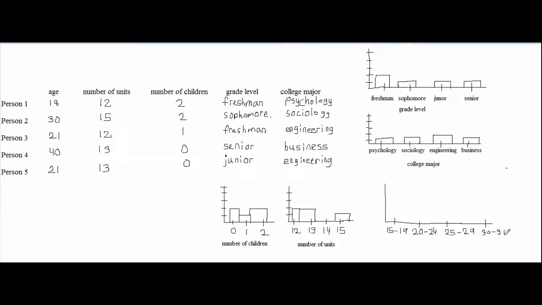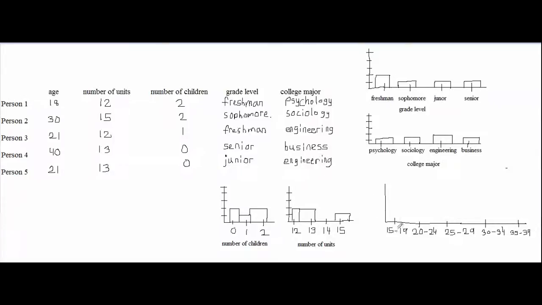And then after that we would have 35 to 39. We'll keep going until we pass the highest value. Looks like the highest value is 40, so we need one more interval.